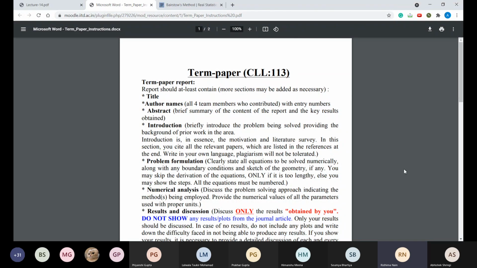First you replicate all the findings of that research paper, and then, if you are able to, you extend the findings too.